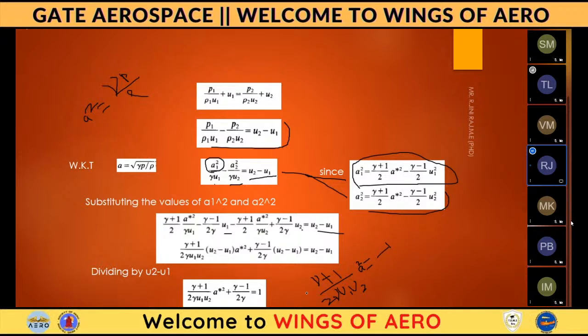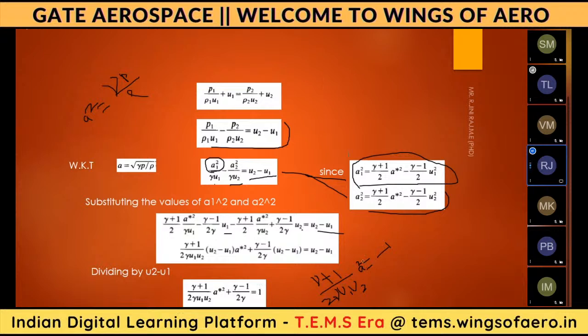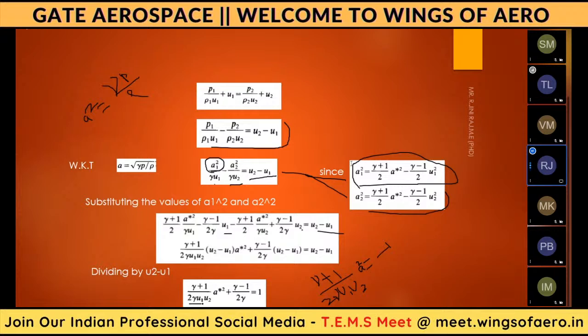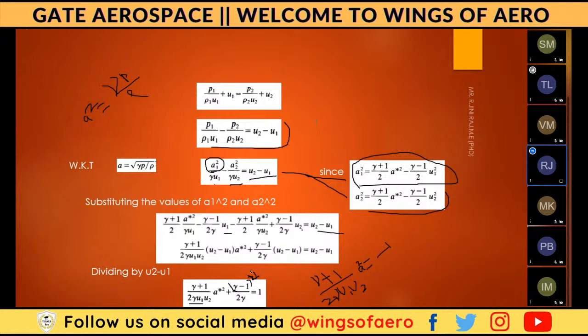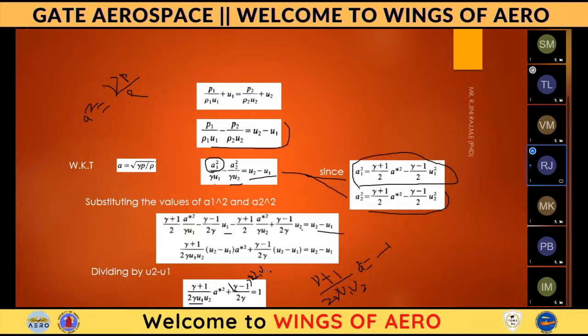Cross multiply this, and we can bring to that side. So by cross multiplying it, 2 gamma into u1 u2 equal to 1 it will come.